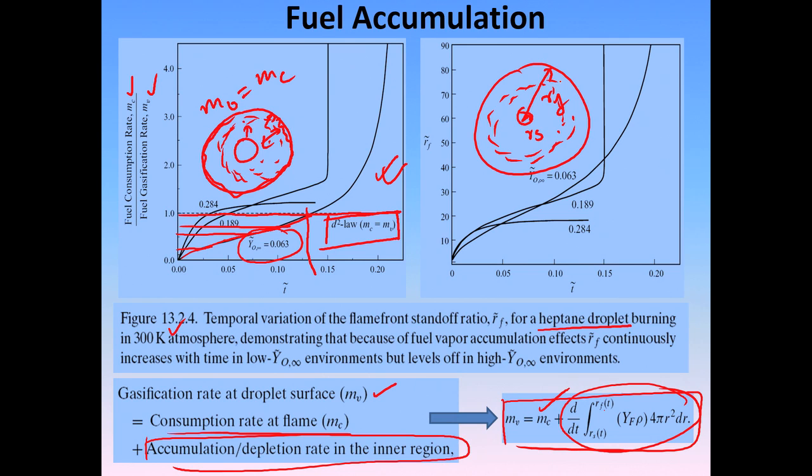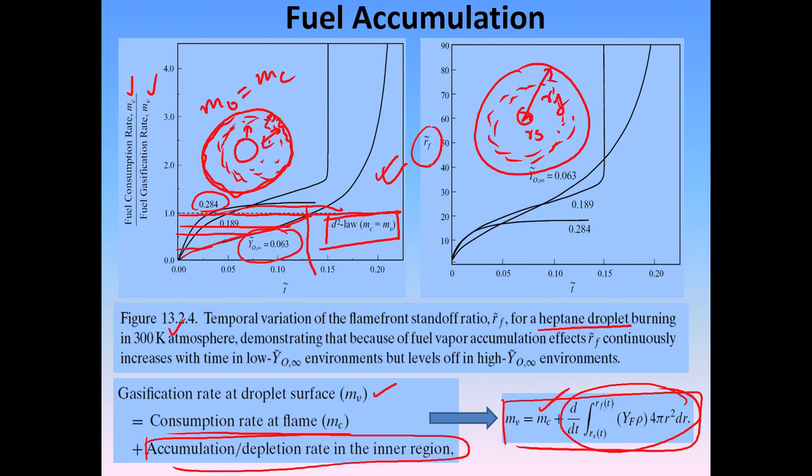However, it does reach 1 as you increase the oxygen concentration, and at around 2.84, this basically becomes flat and very close to 1. That implies that you are approaching a behavior in which there is virtually no accumulation as such. Got it? And the flame standoff distance essentially mimics very similar characteristics.